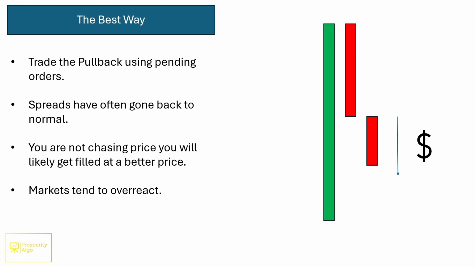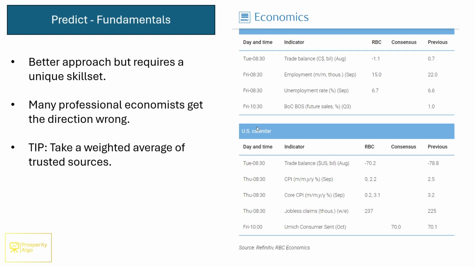And the general premise here is that, especially in these high volatility events where there's insane amounts of order flow, markets do tend to overreact. And especially quite often in these NFP or CPI or these big events, the initial reaction is not what ends up happening. So we can go back to our NFP.